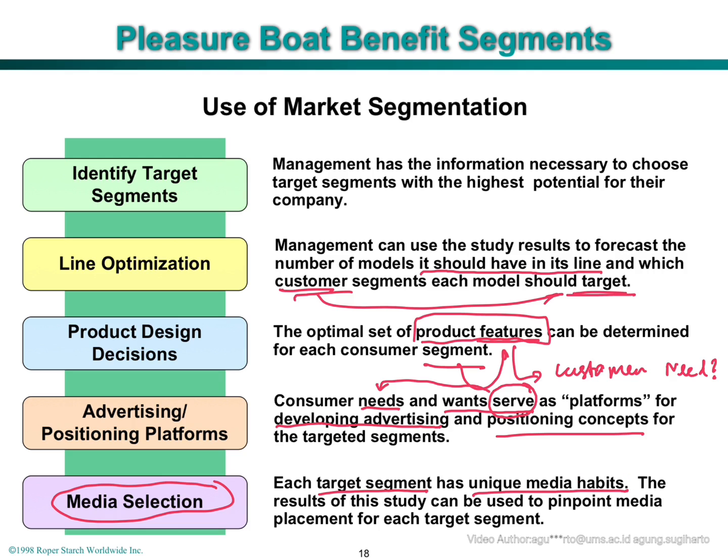When your target segment is younger, maybe the media habit is YouTube, Facebook, Instagram, etc. But when your target segment is older people, family, and so on, you can use television. Occasionally you can use radio, but the popular one is television.